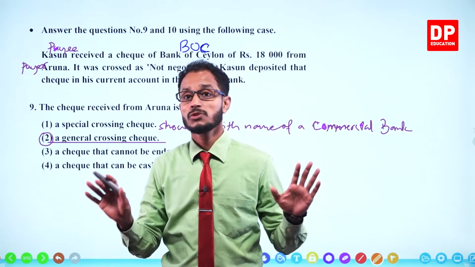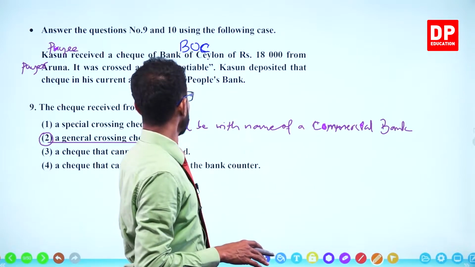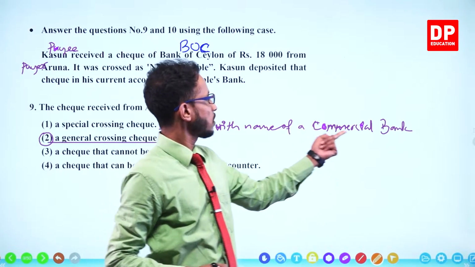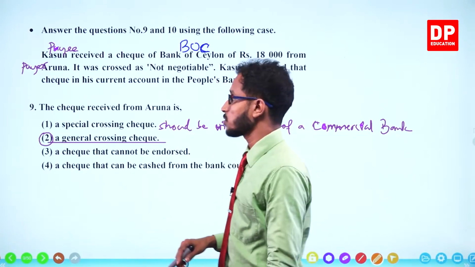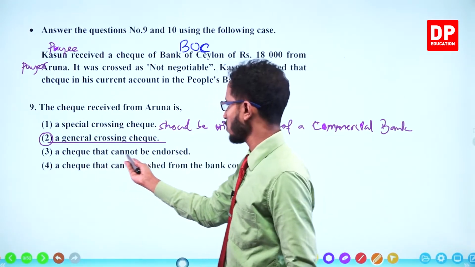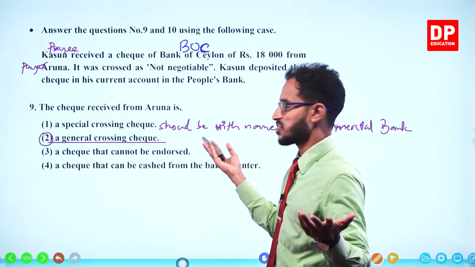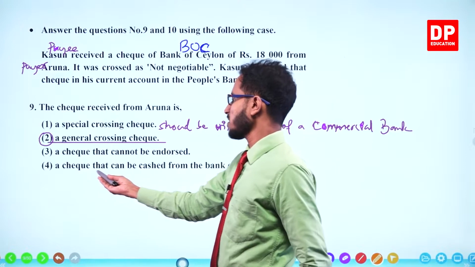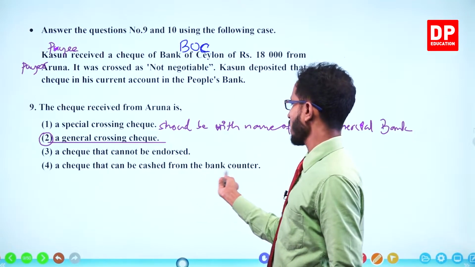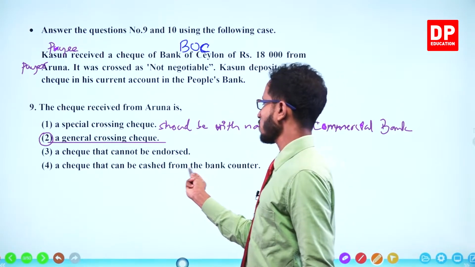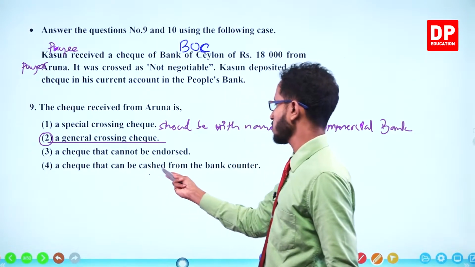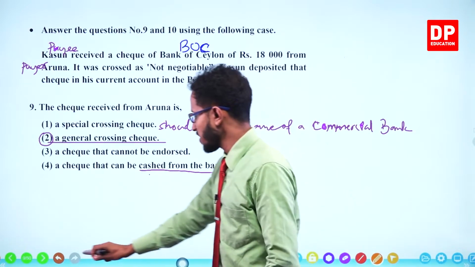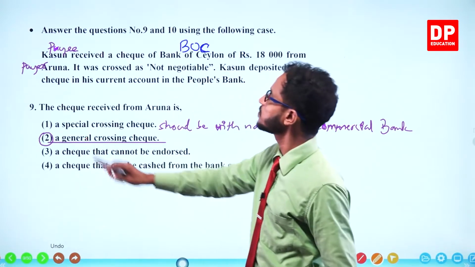The name of a commercial bank should be there in order to be a special crossing. So it's not a special crossing. A check that cannot be endorsed? You can endorse a check with a crossing. A check that can be cashed from the bank counter? No, because it is crossed. That is why the answer is number 2.